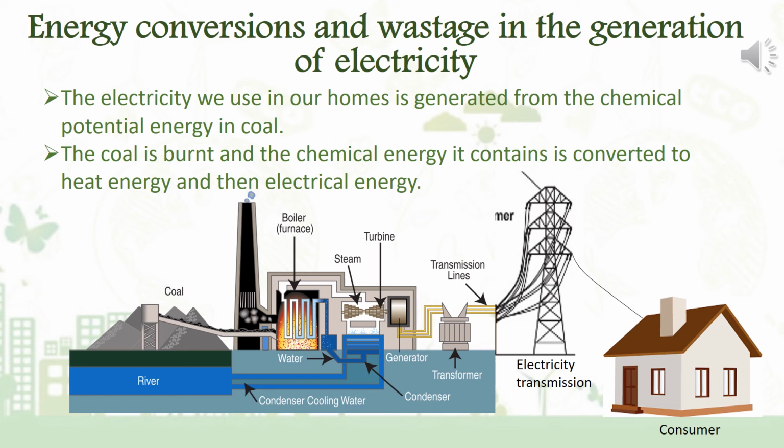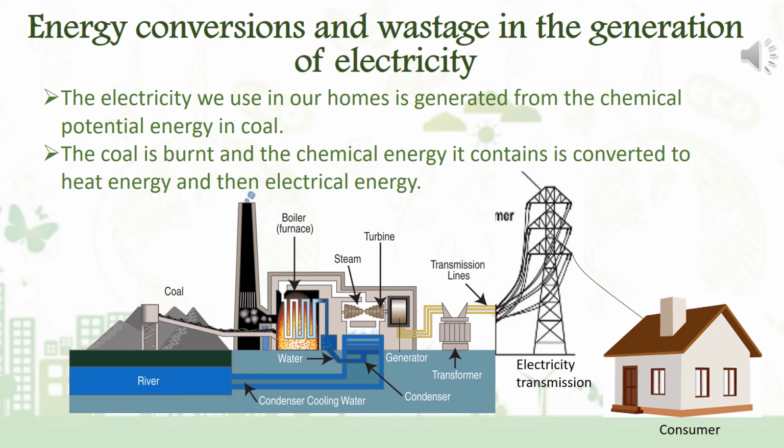And from that heat energy, it is boiling water and the steam is sent to the turbine. Now what is happening here is, because of the steam, the turbines start to rotate.